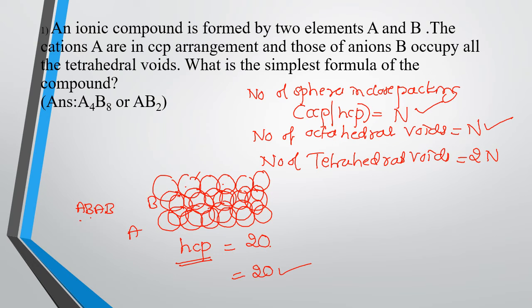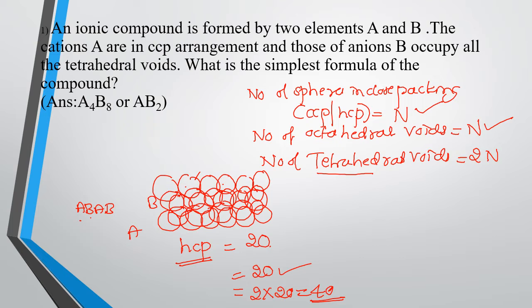So as many spheres as are involved, that many octahedral voids are generated. In the same close packing structure, tetrahedral voids means the space created between or within the 4 spheres, then it is called a tetrahedral void. How many tetrahedral voids are generated? 2 into 20, double the number of octahedral voids, or double the number of spheres involved in the close packing.